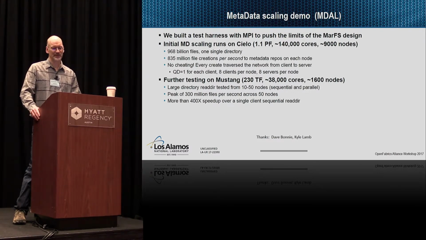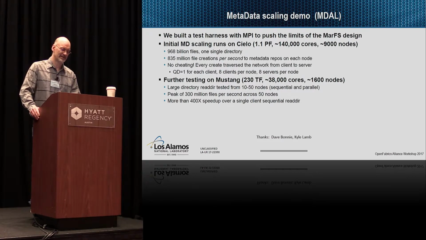So we did an experiment with an MDAL to see about scaling metadata. The goal here was to do a scaling experiment. So the goal isn't to create persistent metadata. So we used tempfs, not cheating in this case because the goal is really just to look at scalability.